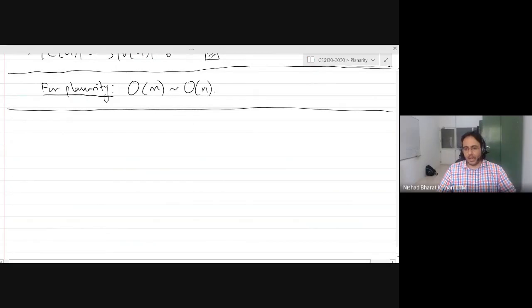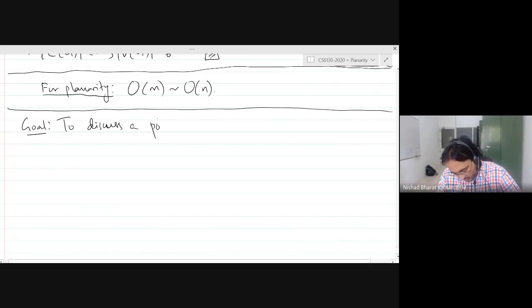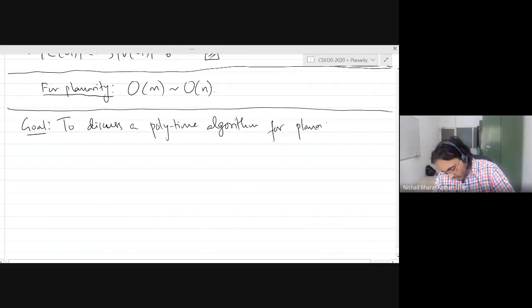Good. So now we are going to start working towards an algorithm for the decision problem. Planarity testing.